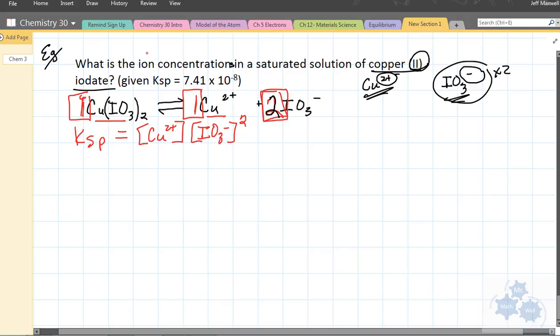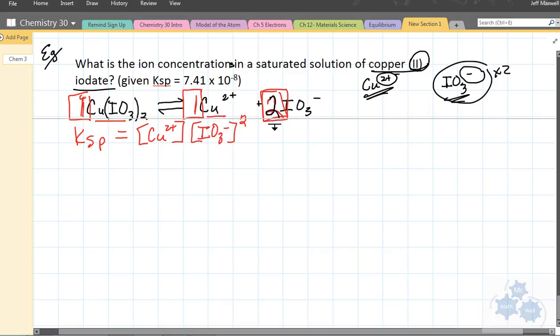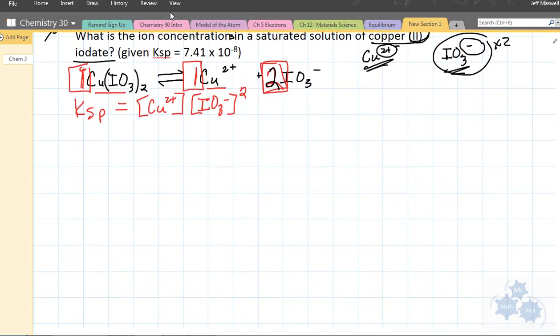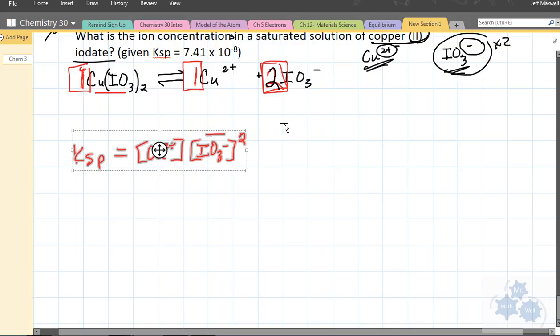Now, is that strange? Nope. That's not very strange. Let's see if I can just carefully insert some space here. Nope, that didn't work. All right. I'll try the lasso effect here. Oh, beauty. Okay. So this is x, and this is going to be 2x because it's a 1 to 1 to 2 ratio.